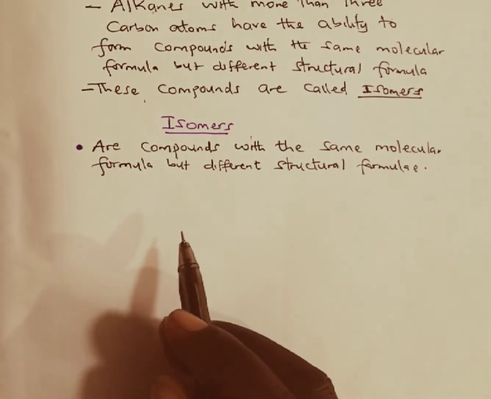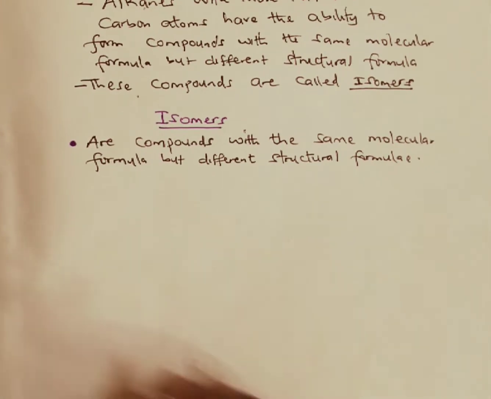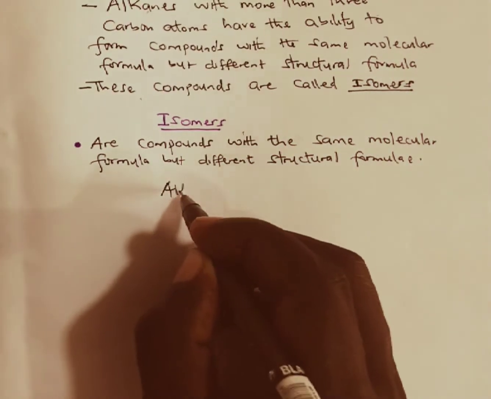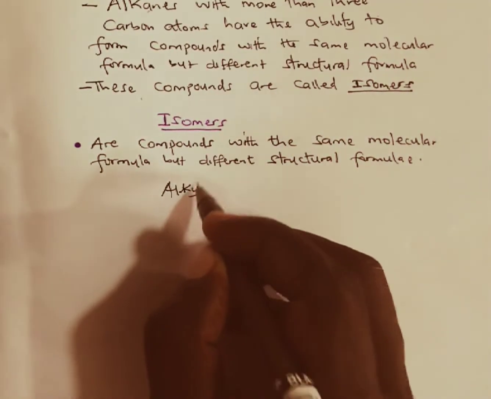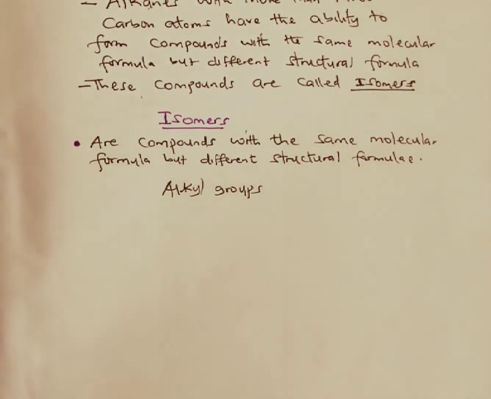Before we look at the isomers and some of the examples, let us talk about alkyl groups.